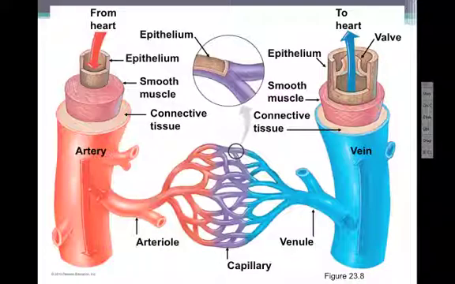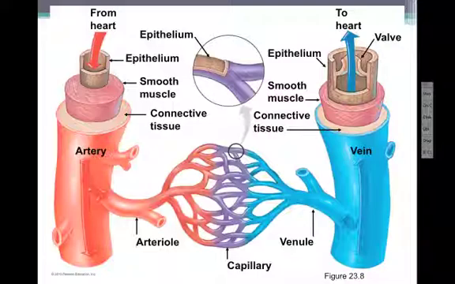Now the vein takes the blood back up to the heart, and I want to point to the upper right. Look at the picture. You'll see a valve in the veins. Veins have to have valves in order to prevent backwashing of the blood. The veins are coming from the feet to go up to the heart.